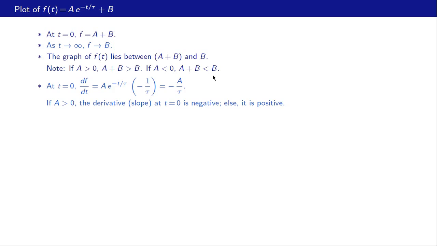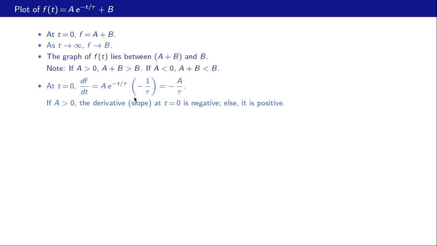Okay, let us now look at the derivative of f. What is df dt? We need to differentiate this part, that is a e raised to minus t by tau times minus 1 by tau, and the derivative of b of course is 0 because that is a constant. So therefore we get df dt equal to a e raised to minus t by tau times minus 1 by tau.